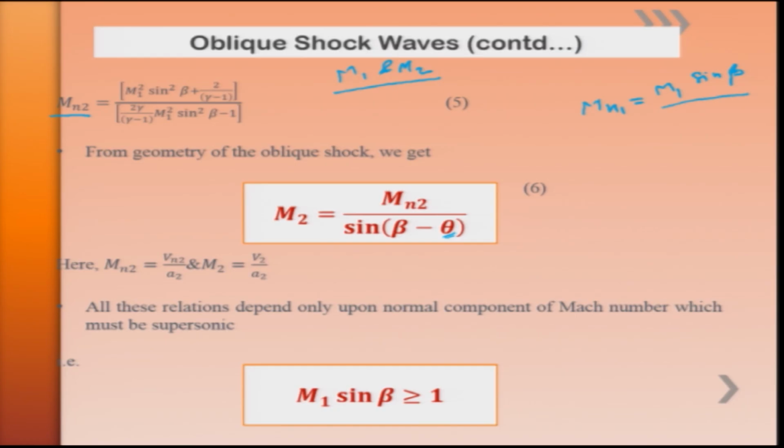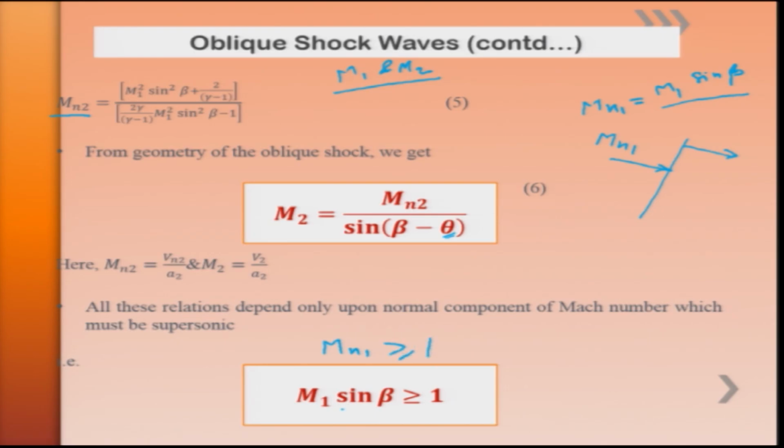Now we move to our further discussion. Since we have used the normal component of the upstream Mach number, which is indeed perpendicular to the shock wave, this normal component also must be supersonic, so that it can generate a normal shock for this component, which I am writing here as Mn1. Hence we can ensure that M1 sine beta, that is, the normal component Mn1, must be greater than or equal to 1.